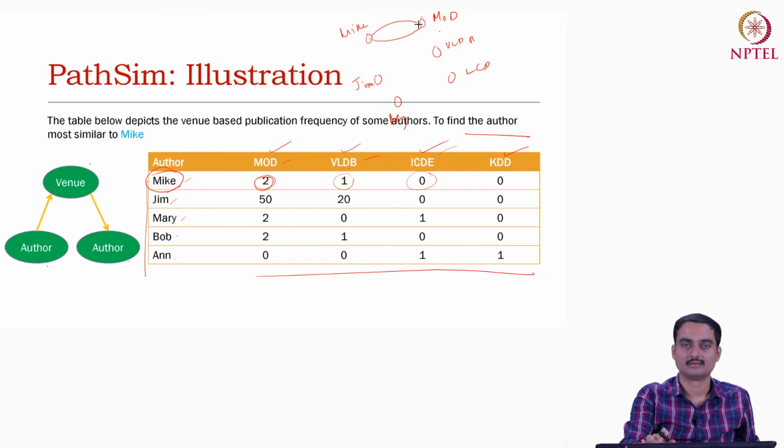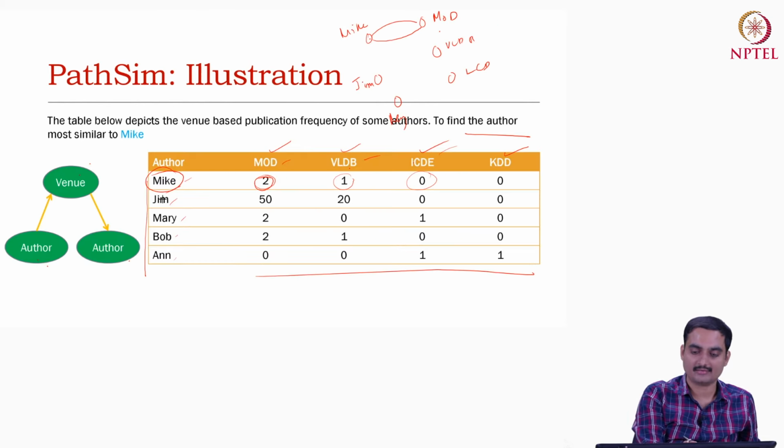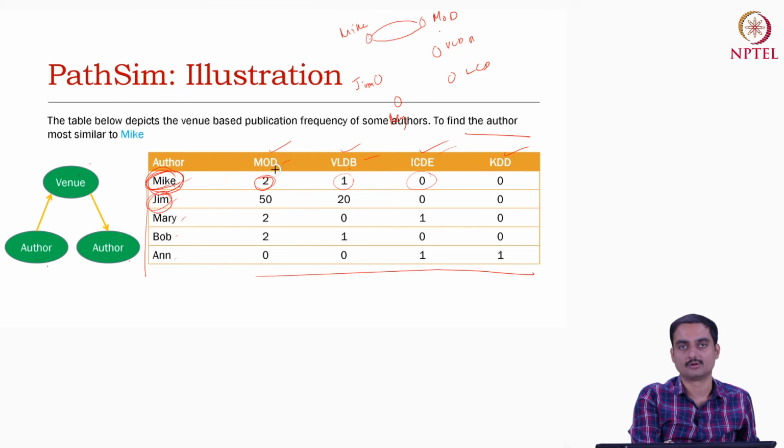So how many round trip paths are there? Remember, in the denominator we need to count this. When I measure the similarity between Mike and Jim, I need to count the round trip paths for Mike and the round trip paths for Jim. How many round trip paths are there with respect to SIGMOD for Mike?